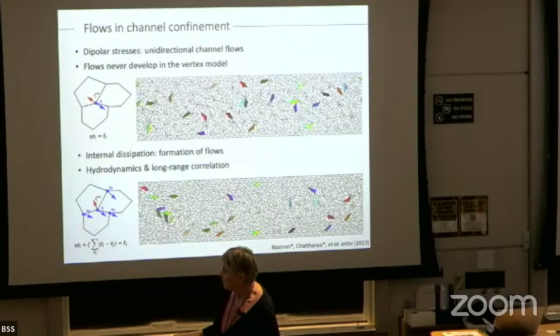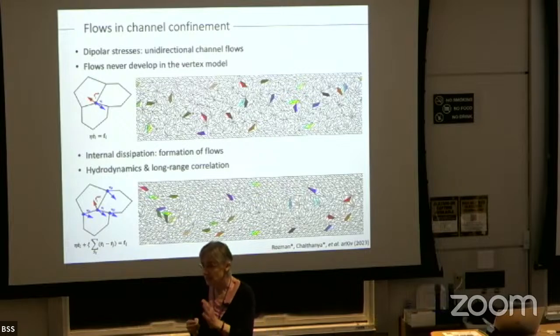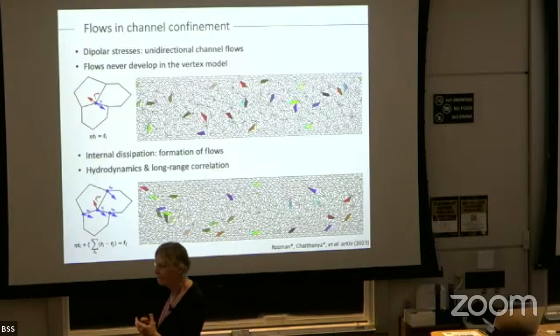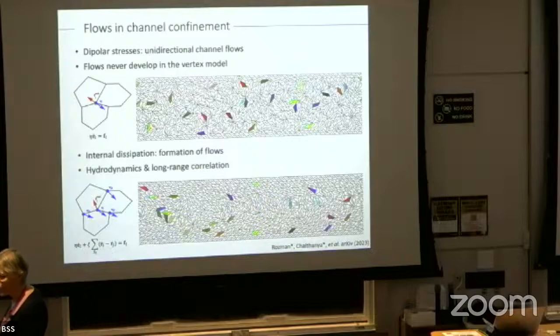Oh, this one here. Essentially, yes, the dissipation is essentially a velocity alignment, and it's very similar to a friction. Sorry, not a friction, that's a viscosity. It's a mock-up of a viscosity. In vertex models, you already have stresses and sort of T1 transitions, which is the source of dissipation, right?